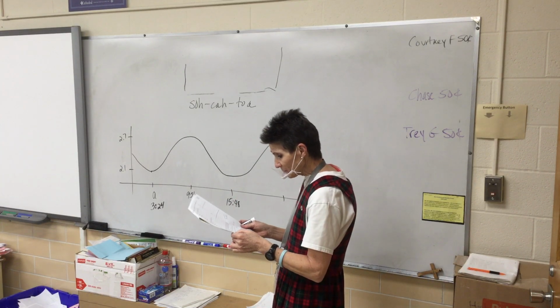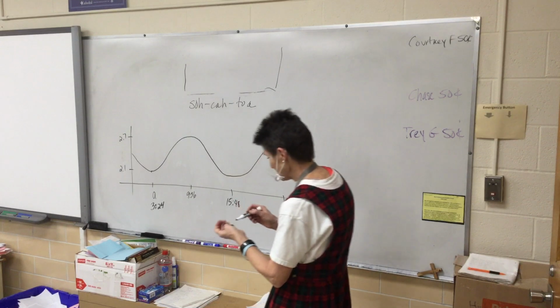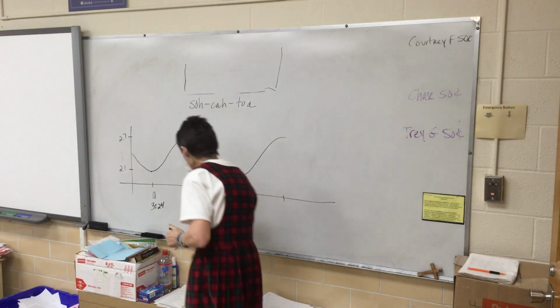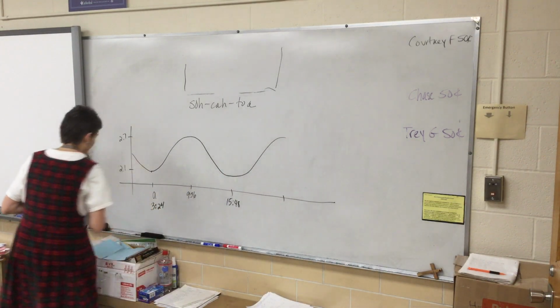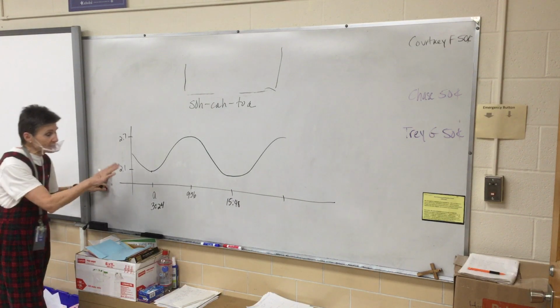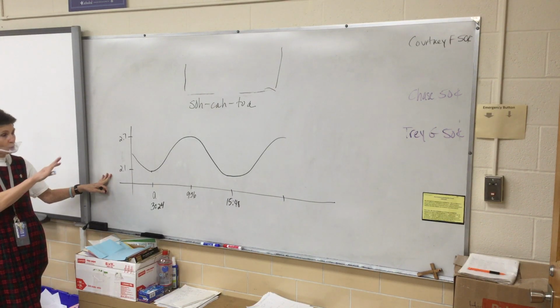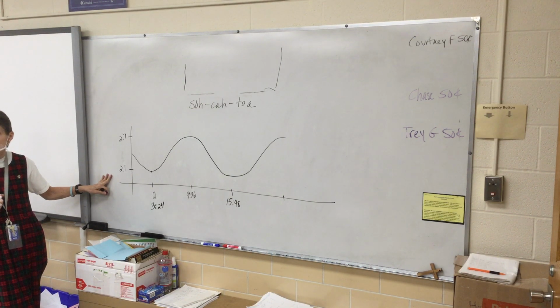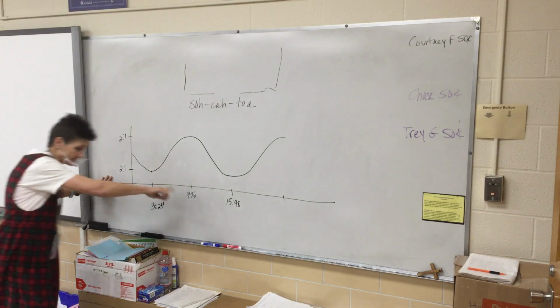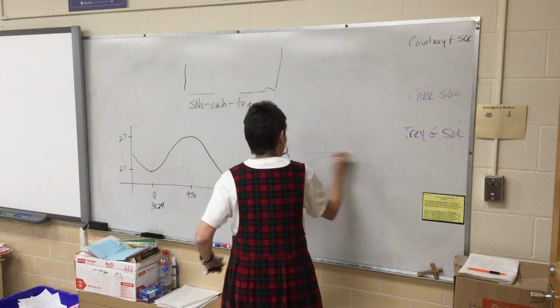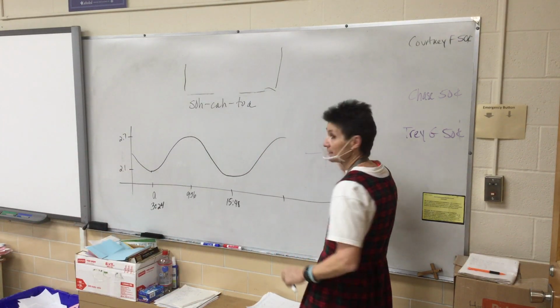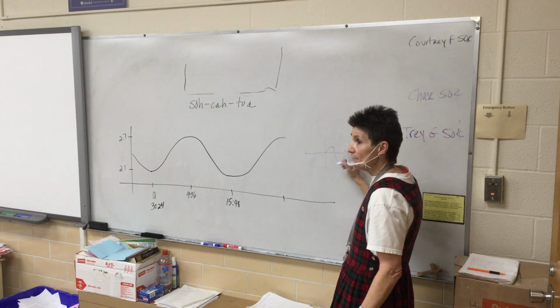Now here's what I'd like you to think about for a second. This sine or cosine, whichever way you're looking at it, clearly has a vertical shift, right? Because the curve is not oscillating across the axis. Remember, normally they're going to be oscillating across the x-axis. This one isn't.